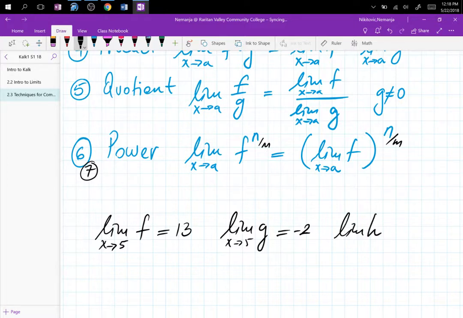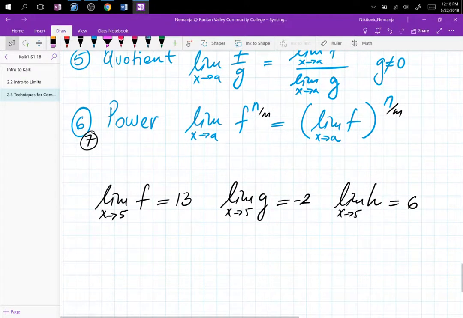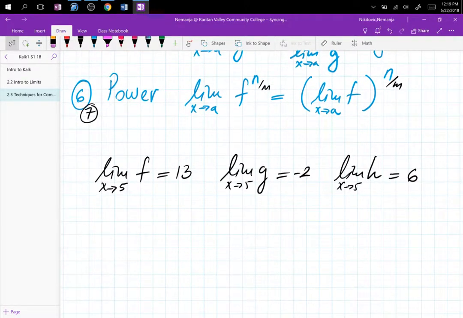The limit of function h as x goes to 5, it's important for them to go to the same number, obviously, is equal to 6. Okay, fine. What's the name of rule 7? Fractional power, where you copy the same thing with n and m.